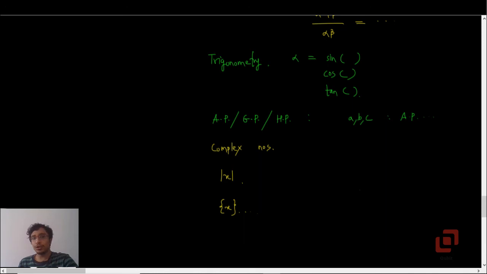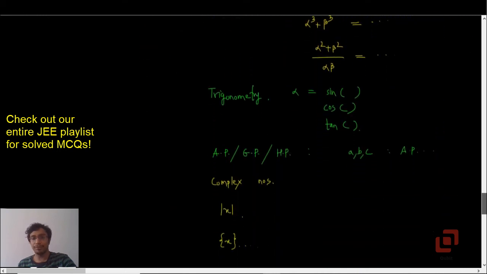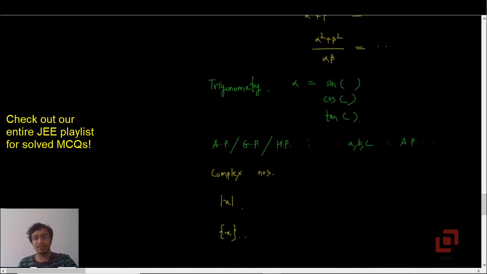So to solve problems on quadratic equations at the JEE level, not the CET level, it is essential to not only know these two standard formulas for the sum of the roots and the product of the roots, but at the same time you should also know some basics of trigonometry, arithmetic progressions and geometric progressions, and in particular complex numbers, some of the properties of the modulus function and the fractional part function.